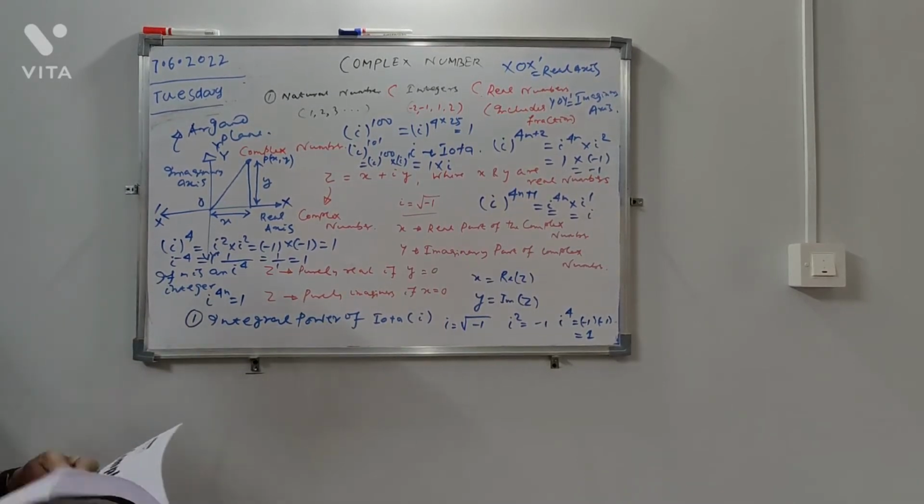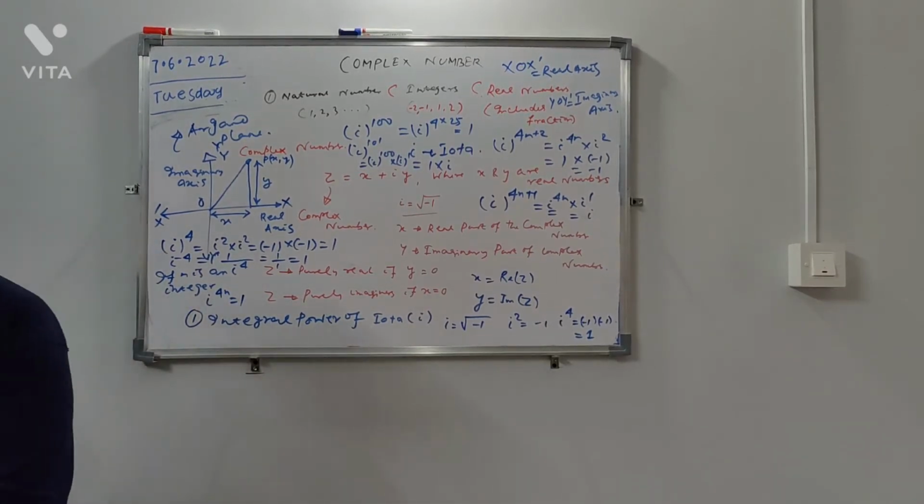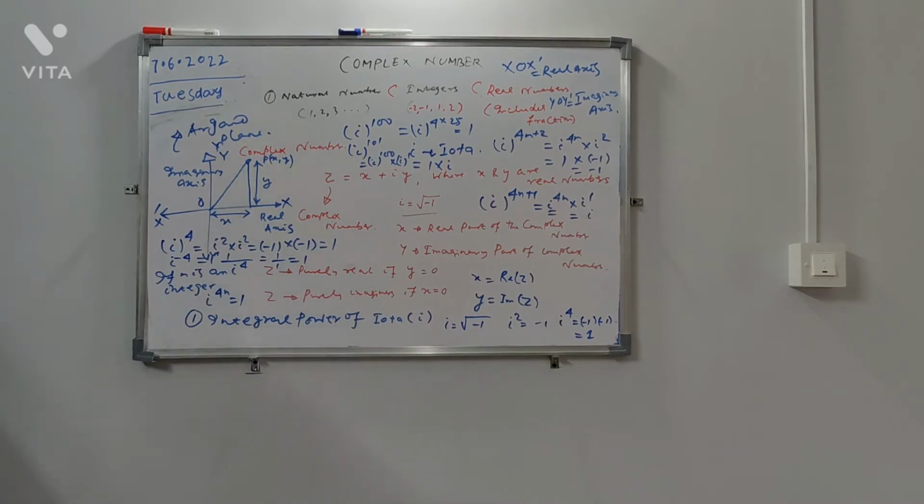Now, how do we represent a complex number in the Argand plane, Gaussian plane or complex plane? In it you have a real axis and an imaginary axis.